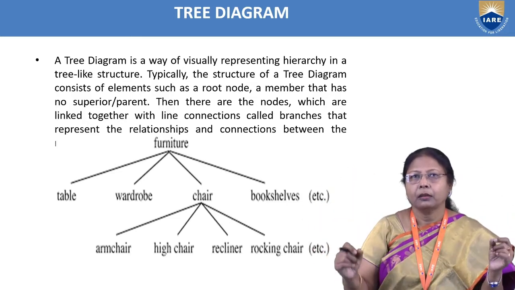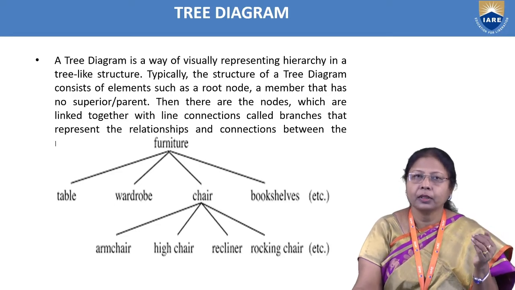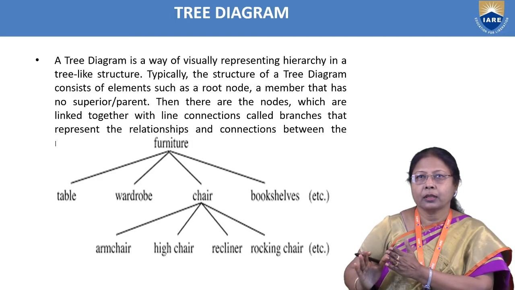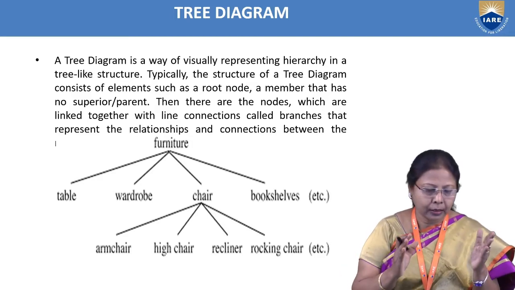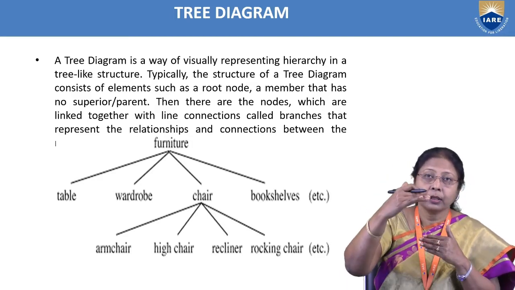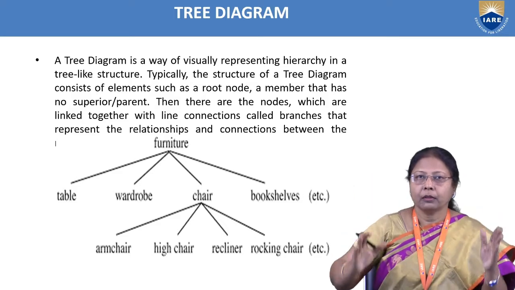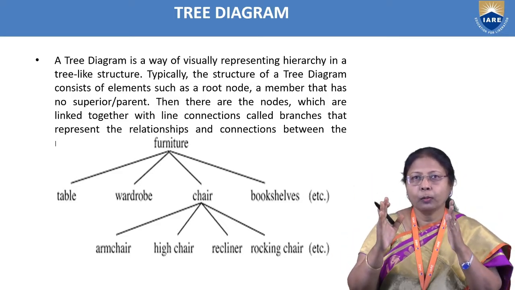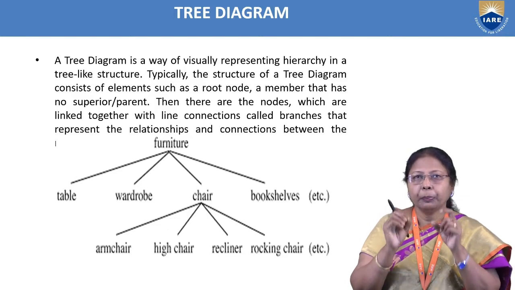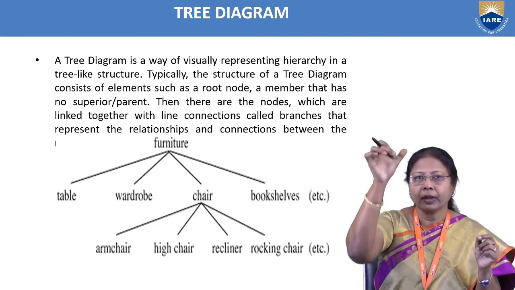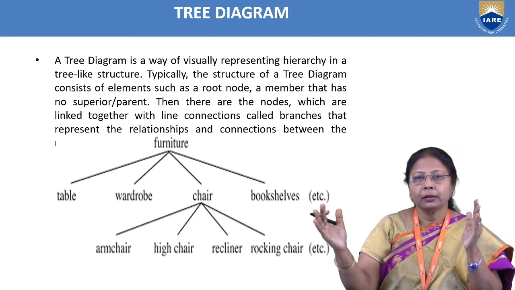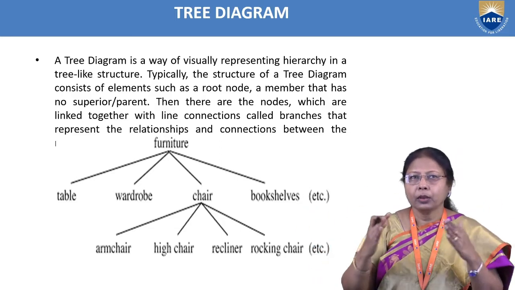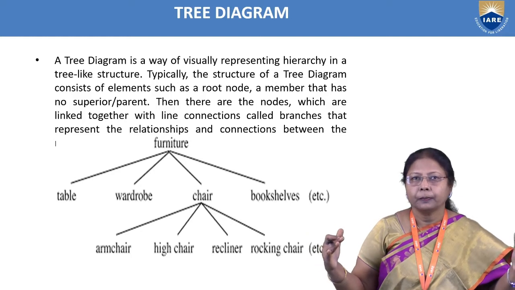Typically, the structure of a tree diagram consists of elements such as root nodes, with the superior member at the top. Take a household situation. If you want to depict the home in the form of a diagram, head of the family, father, mother, siblings, their relatives, in that way we can draw it in the form of a tree.